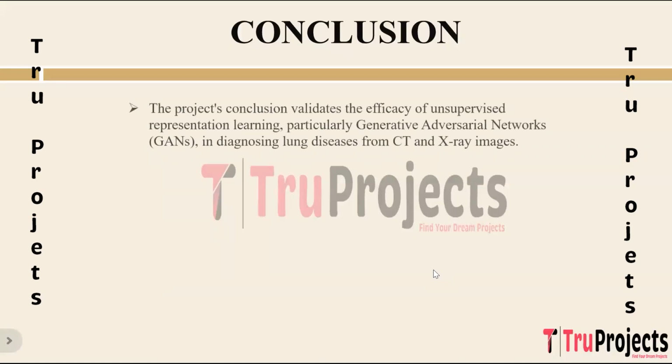The conclusion of the project is: the conclusion highlights the effectiveness of using unsupervised representation learning, specifically generative adversarial networks (GANs), to diagnose lung diseases using CT and X-ray images. GANs demonstrate their capability to extract meaningful features without heavy reliance on labeled data, showcasing their efficacy in medical image analysis.